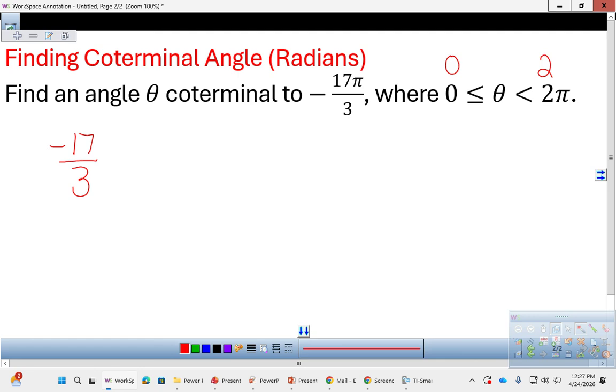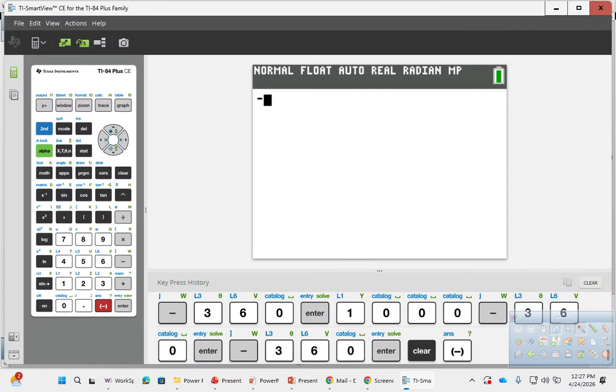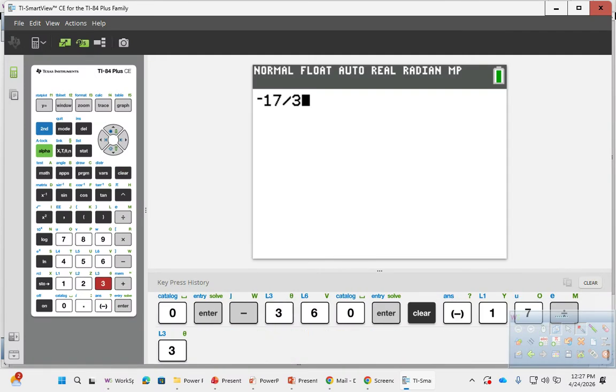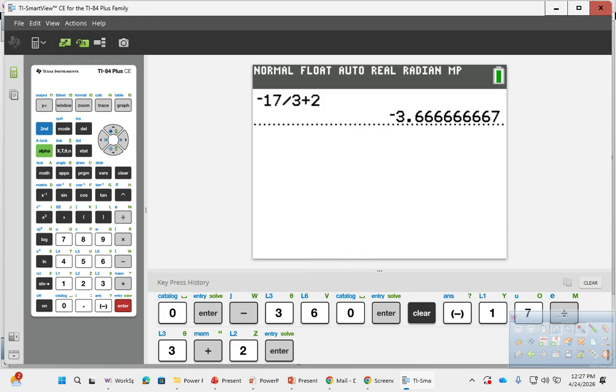So a full rotation of a circle is 360 degrees. In radians, that's 2 pi. So I'm going to add 2 pi, but again, I'm just ignoring the pi for now, so that I'm not working with irrational numbers. So I'm going to do in my calculator -17/3 plus 2. And when that's a decimal, I'm going to math enter that decimal.